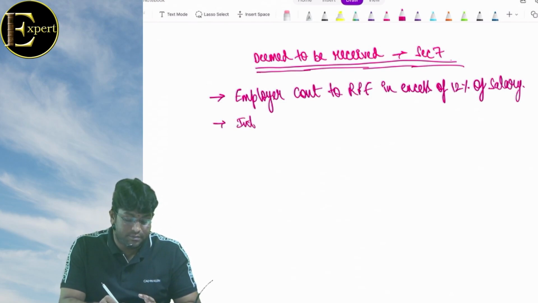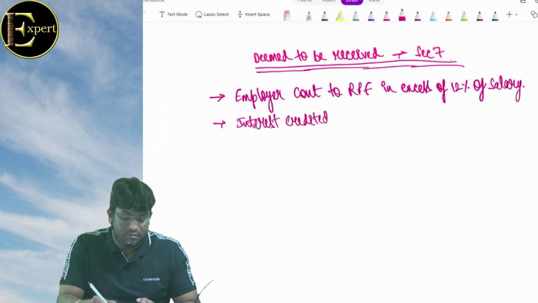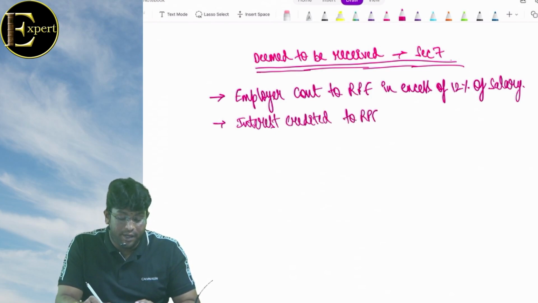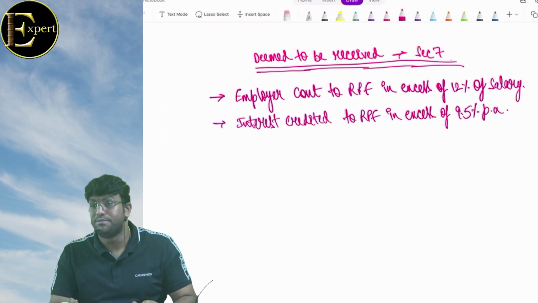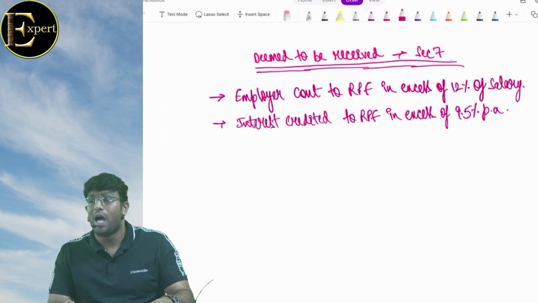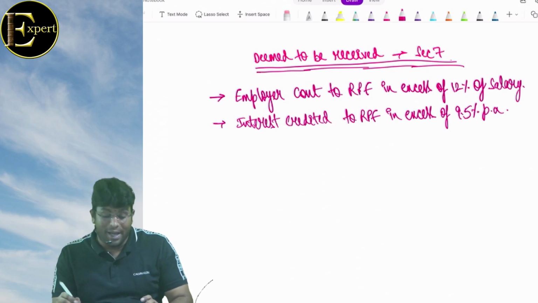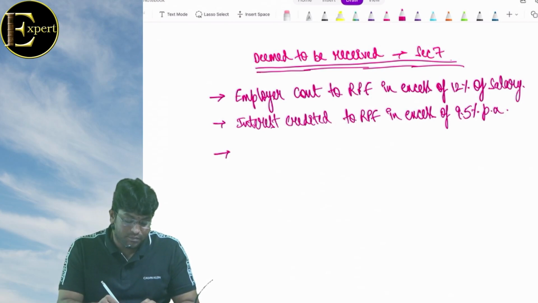Second, interest credited to RPF in excess of 9.5% per annum. Interest credited to what, beta? RPF in excess of 9.5% per annum.